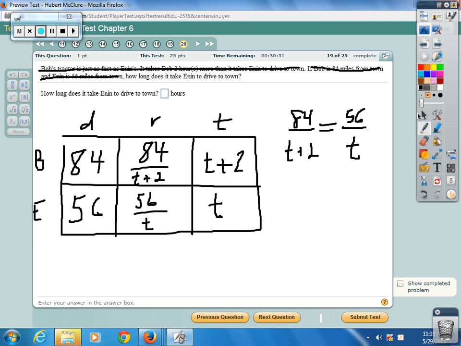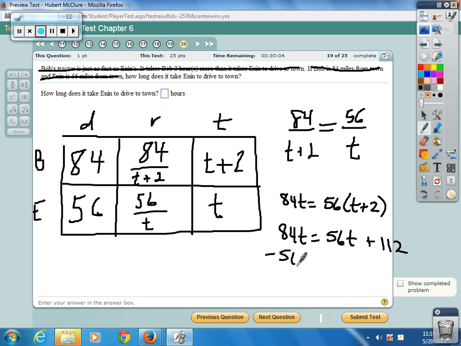So 84t is equal to 56 times t plus 2. 84t is equal to 56t plus 112. Minus 56t, 28t is equal to 112.